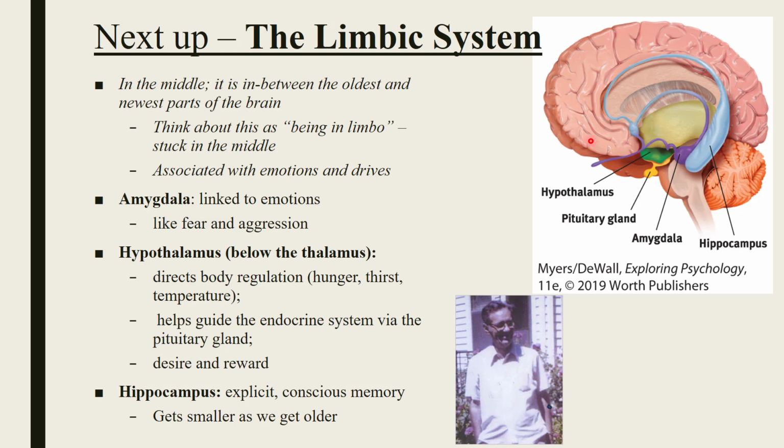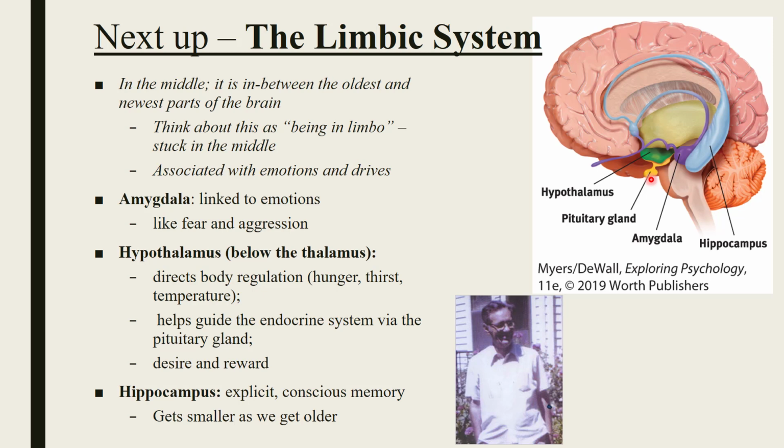The hypothalamus is part of the nervous system, but it talks constantly with that master gland from the endocrine system called the pituitary gland. So when something is out of sorts in the body, for example, you don't have enough water or your body's gotten too hot, the hypothalamus will send signals to the pituitary gland.